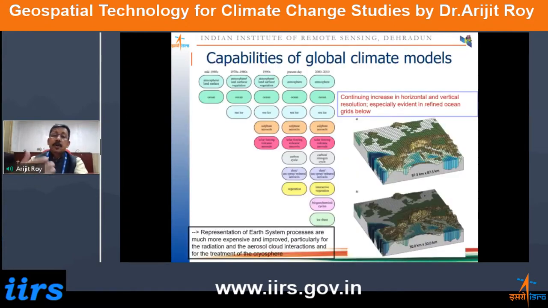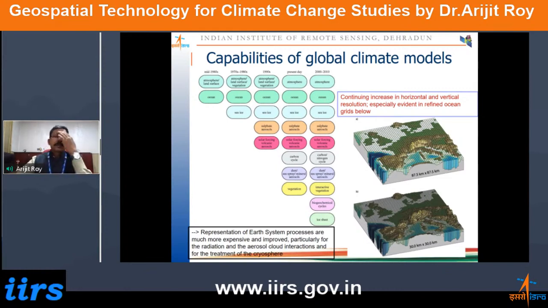And the inputs in all of these models, like the extent of sea ice, sulfate aerosols, solar forcings, carbon and nitrogen cycles, dust aerosols, vegetation interaction, the biochemical cycle and ice sheets, all these inputs come from Earth observation systems.